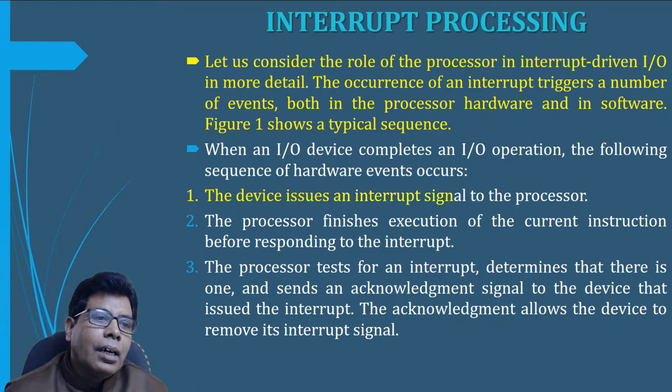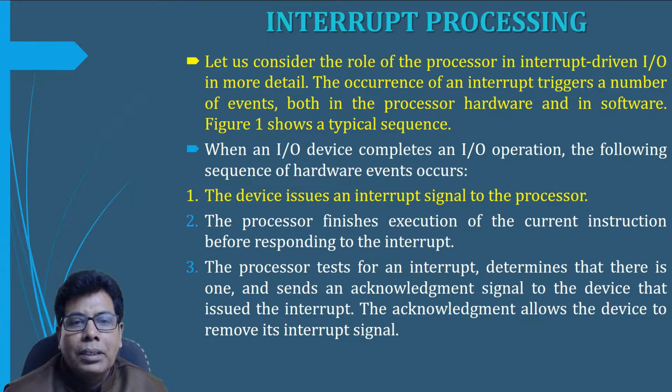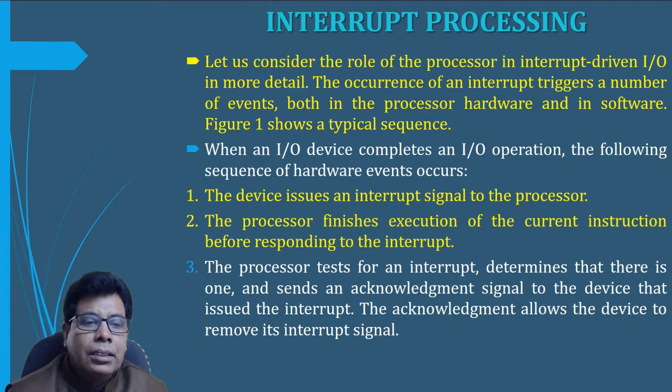Now when an IO device completes an IO operation, the following sequence of hardware events occurs. First, the device issues an interrupt signal to the processor. Then the processor finishes execution of the current instruction before responding to the interrupt. This part we have seen in the last video, where we saw the instruction cycle with interrupt.